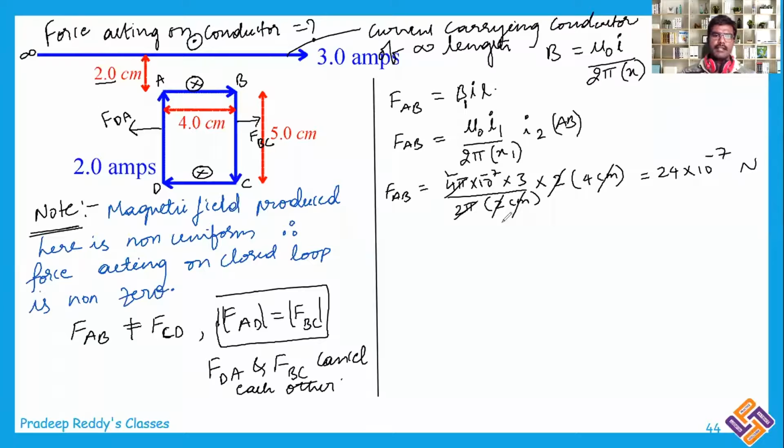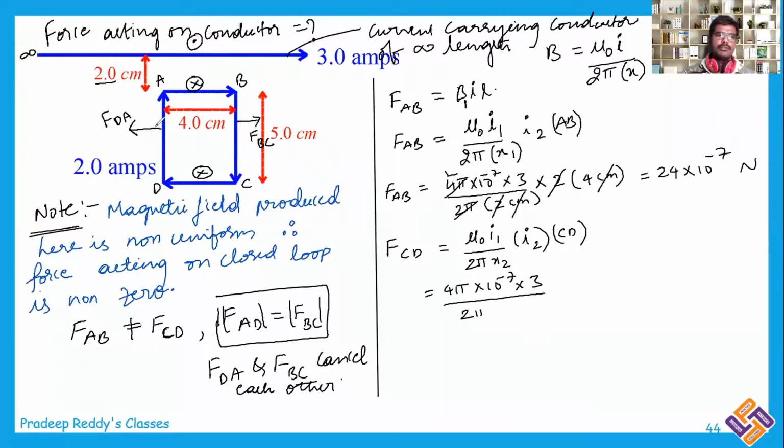Next, the force acting on CD is equal to mu naught I1 divided by 2 pi x2, into the current I2, into the length CD. This is equal to 4 pi into 10 power minus 7. Current is 3 ampere divided by 2 pi. What is x2? x2 is the length from here to here. It is 5 centimeter plus this 2 centimeter and this 5 centimeter.